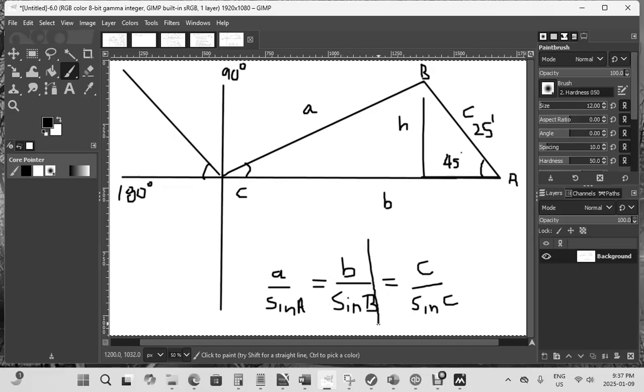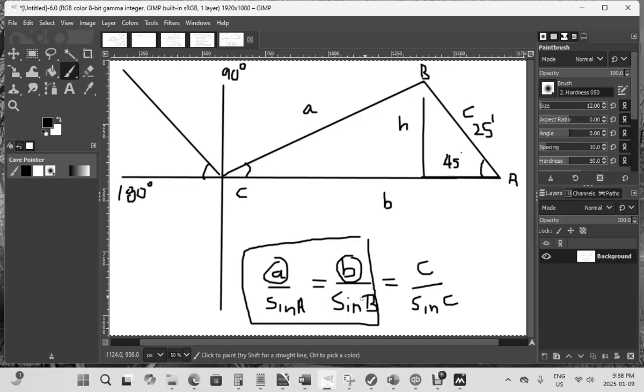If you need to solve for side A, you'll need angle A, side B, and angle B. If you need to solve for B, you will need angle A, angle B, and side A.